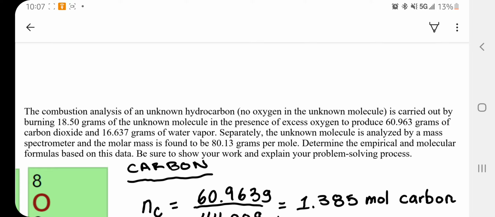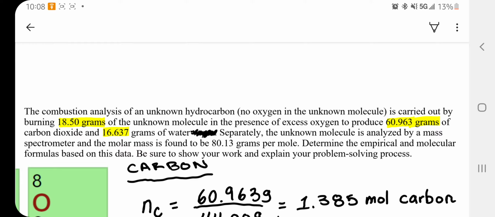The combustion analysis of an unknown hydrocarbon is carried out by burning 18.5 grams of the unknown molecule in the presence of excess oxygen to produce 60.963 grams of carbon dioxide and 16.637 grams of water vapor.